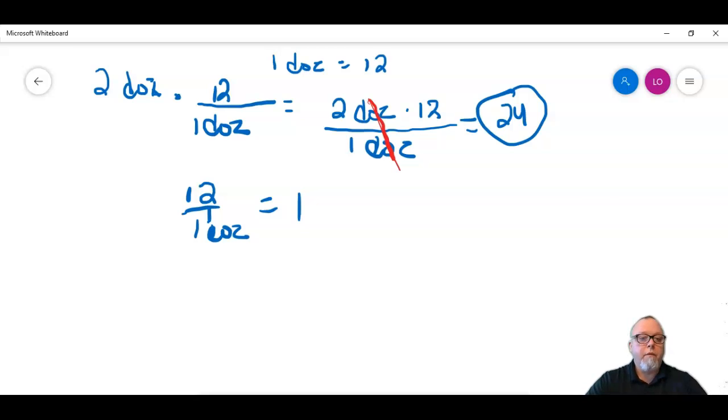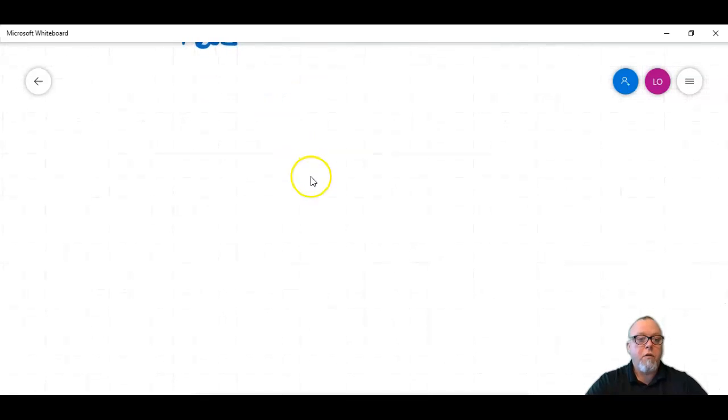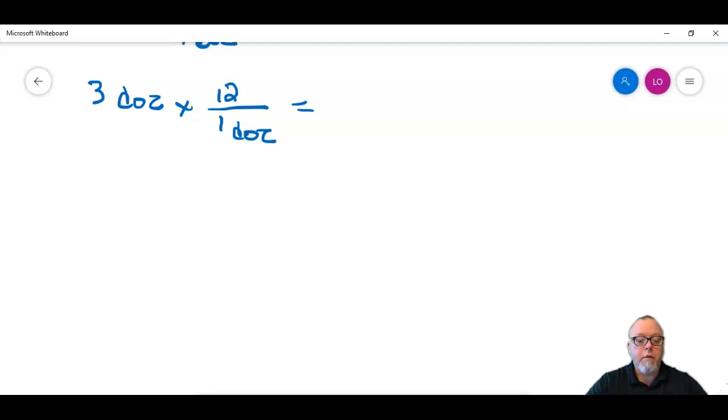Now, let's say hypothetically I had 3 dozen and I wanted to know how many I had. I would simply write out my equality: 1 dozen is equal to 12. Then my dozen cancel, and I would be left with 36 of them.